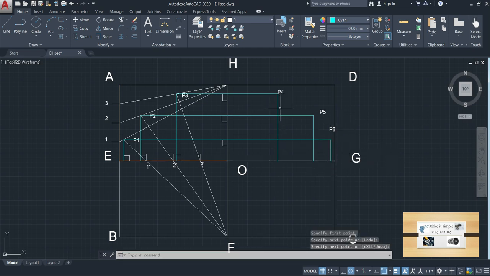These lines are perpendicular lines. After that you have to extend these three lines towards the bottom portion with the same distance.